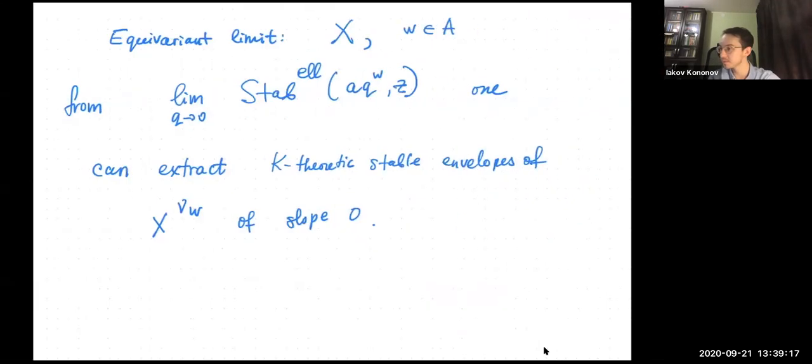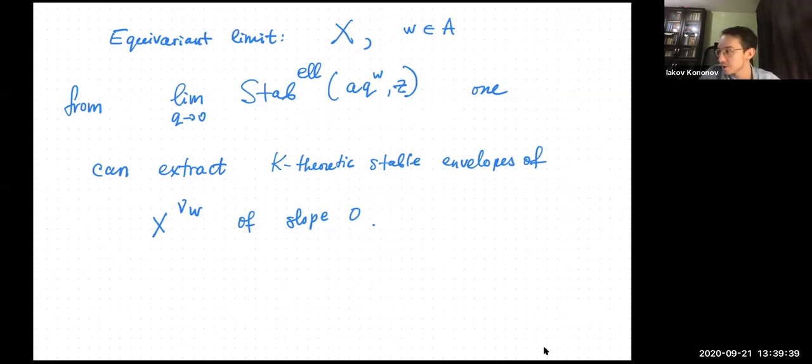And similarly, if we consider equivariant limit to a wall, to a resonant point, then by this procedure, we can extract K-theoretic stable envelopes of the invariant subvariety of X of slope 0.